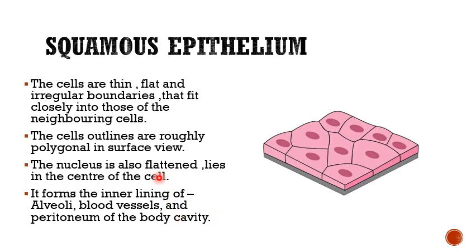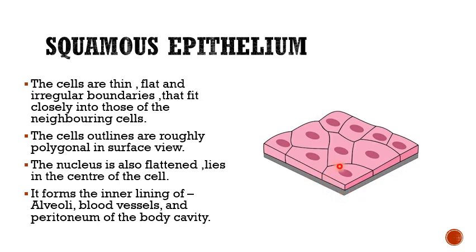So first we are taking the squamous epithelium. As you can see in this image, the cells are thin, flat, with irregular boundaries that fit one another like tiles on the floor. This gray color is the basement membrane, which is the basic characteristic of epithelium, on which the cells are arranged.